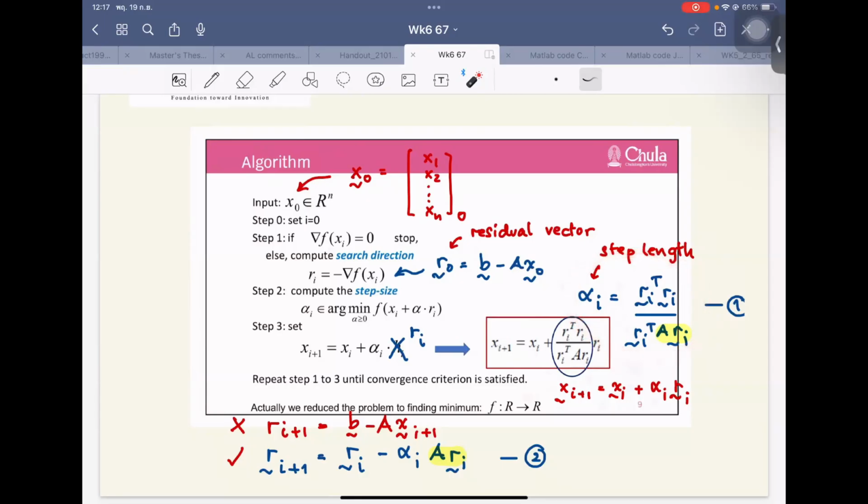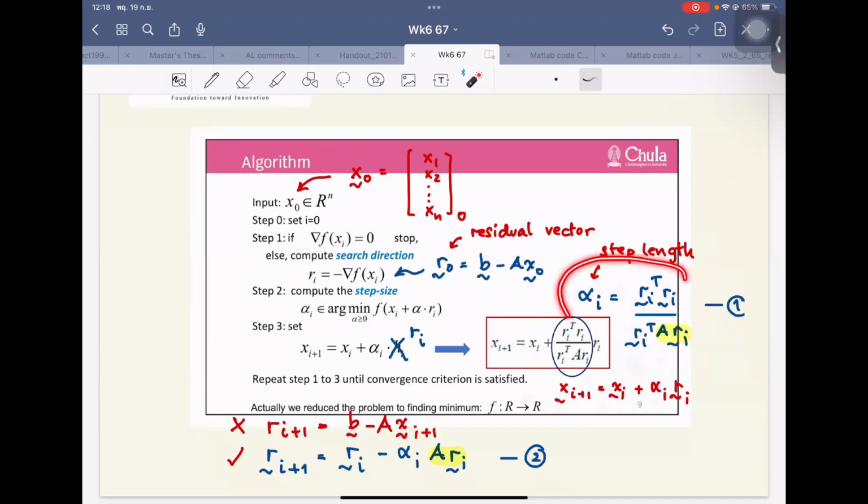The step length will be r transpose r over r transpose Ar. Now this is a scalar. The column vector, when we transpose to get the row vector, the product of row vector and column vector is a scalar. This is the dot product. Okay, and this is also a scalar. So we get the step length from this equation.